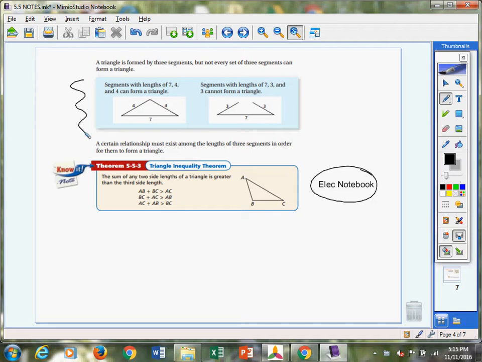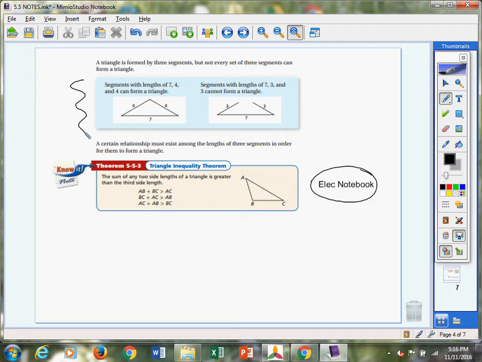The first one here, with side lengths of 4, 4, and 7, is going to form a triangle, but the one with side lengths of 3, 3, and 7 does not. The 3's are not long enough to touch each other and actually meet and form a triangle.